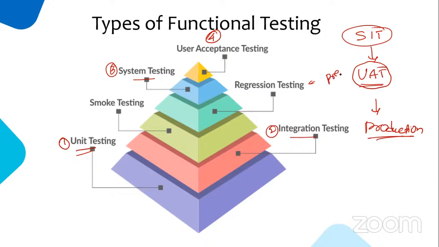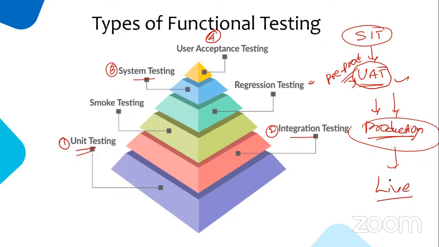That's why another name for it is pre-prod, pre-production. In that, the data is almost the same as production, and they test it there. After testing here, they do it in production. Then it will be live. Live means every person can see that application. This is how things happen.